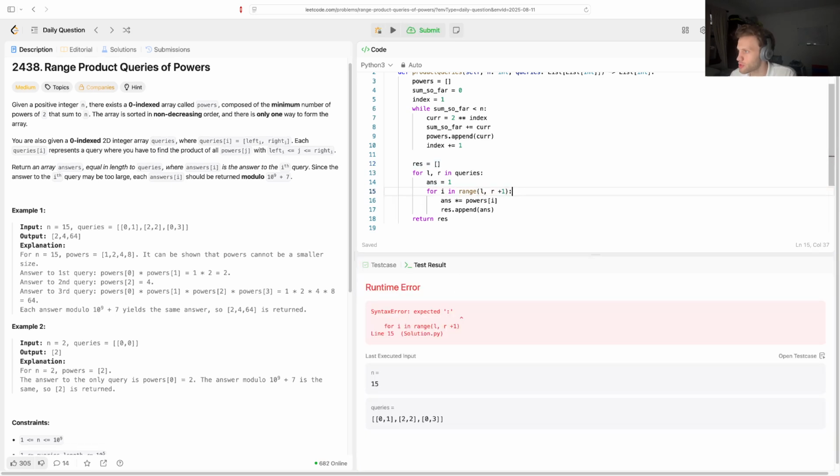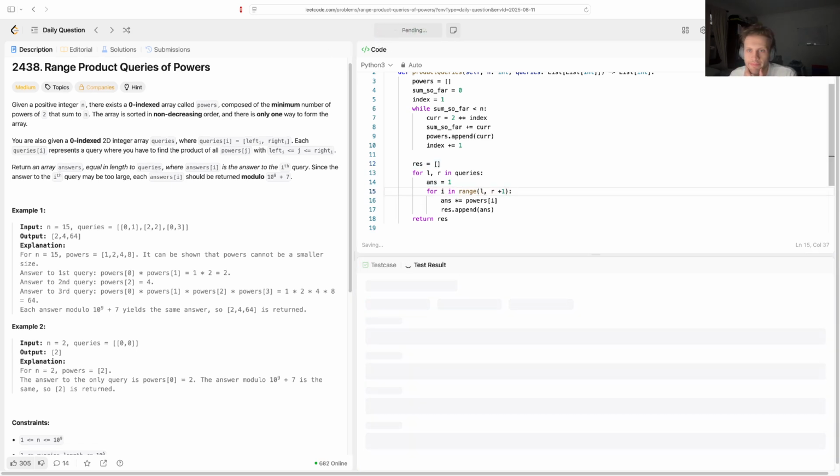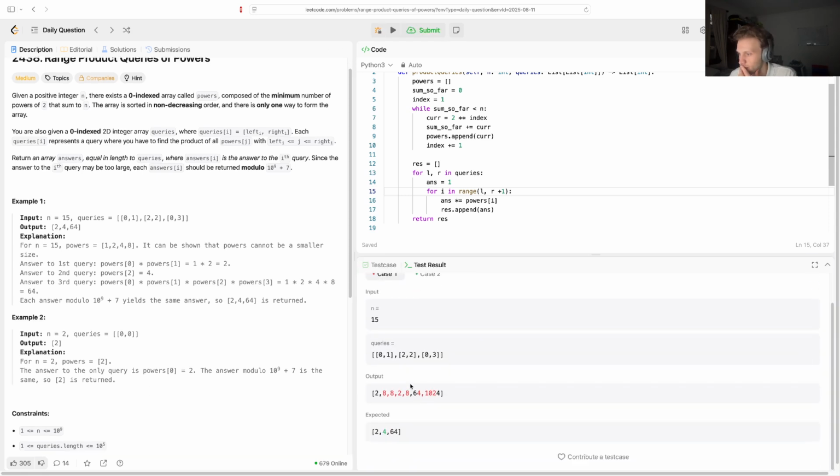Always something so small I mess up on. Why are we getting so many? Okay, wait. Oh, wait, wrong position.